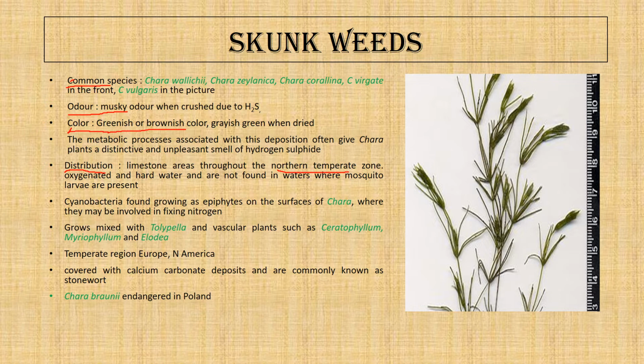One thing I should say is that apart from growing attached to the substratum, it can grow epiphytically on other algae as well as other angiospermic plants. Chara grows mixed with Tolypella. This Tolypella is another charophyte, and it can also grow on Ceratophyllum, Myriophyllum and Elodea.